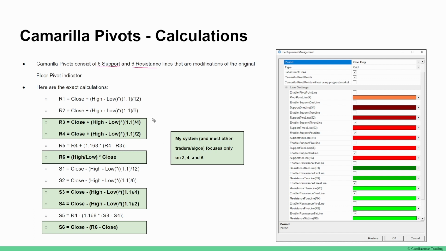For my trading system, and for most trading systems that implement Camarilla pivot points that I've found, they only really focus on levels 3, 4, and 6 on both the top side and the bottom side. So here's all the formulas if you're interested, or if you need to write custom code to have your platform calculate them if it doesn't have it as an indicator. And off to the right here is how I actually set it up in Dash Trader Pro.